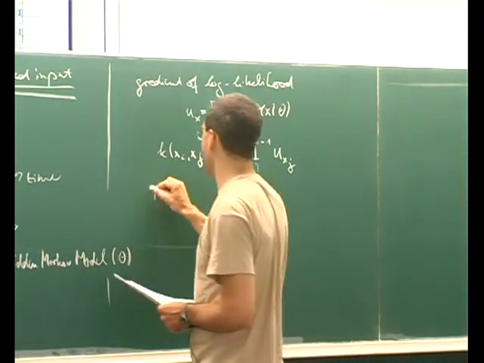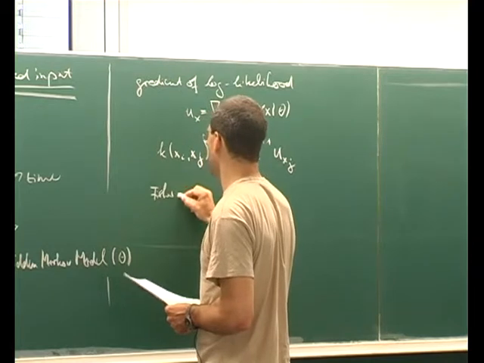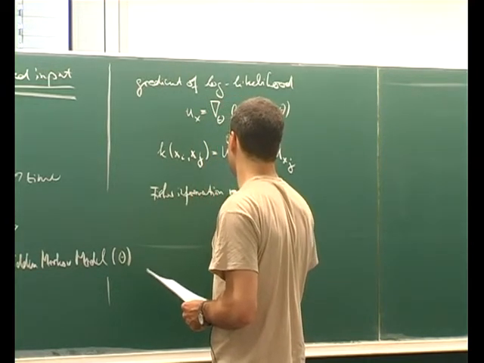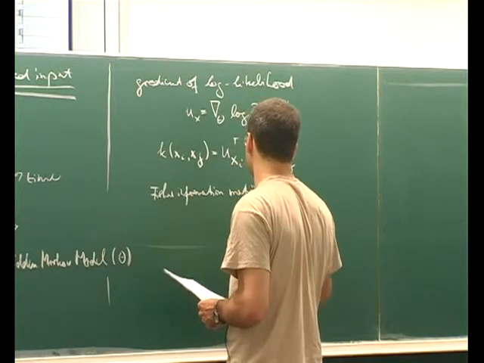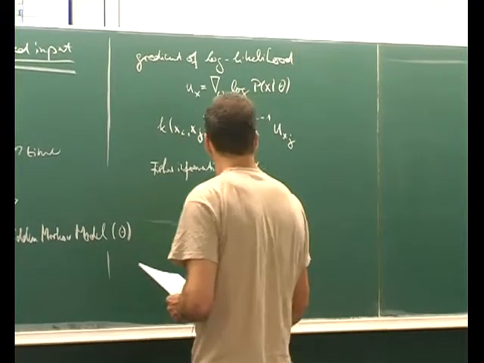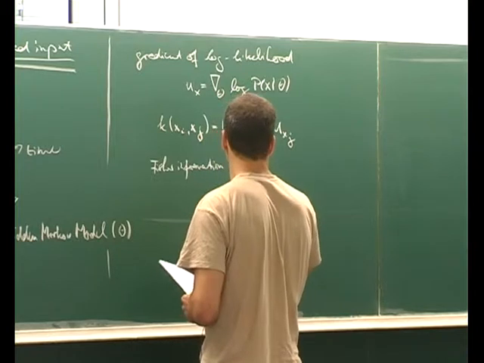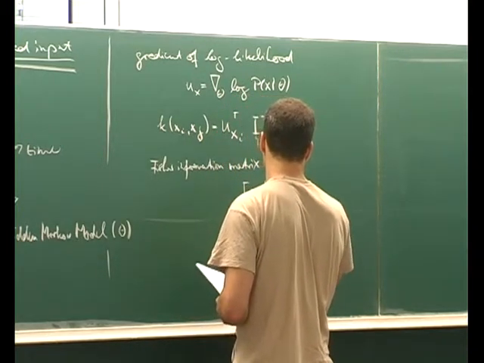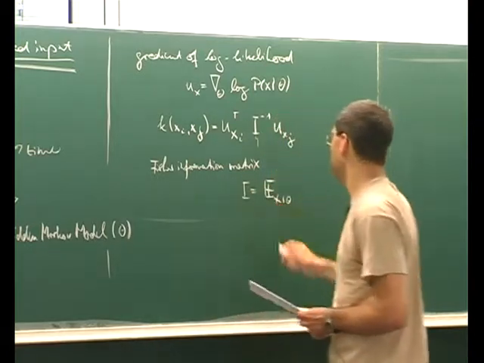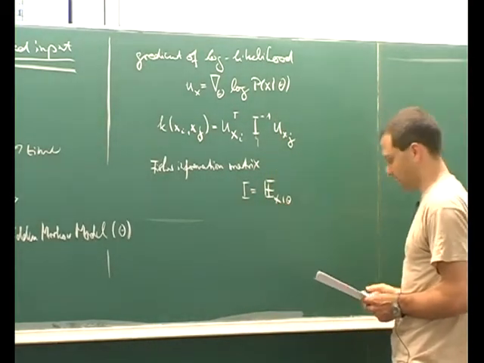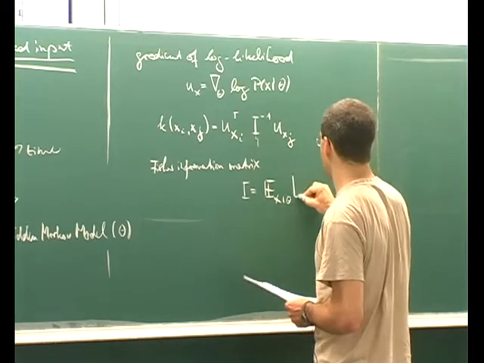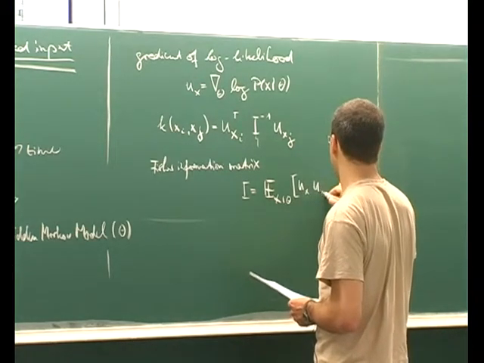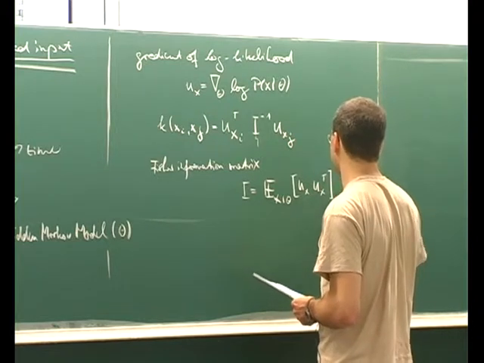It's the expectation with respect to our observations for a given parameterization of the outer product of u_x times u_x transpose.